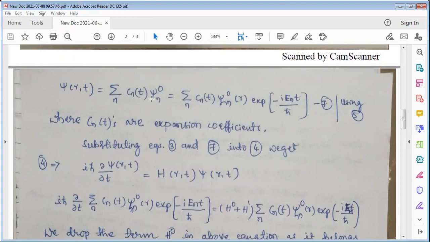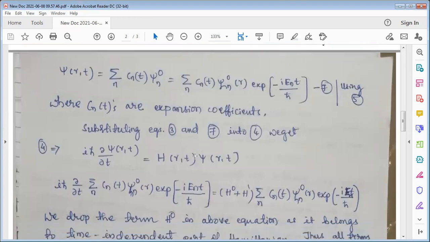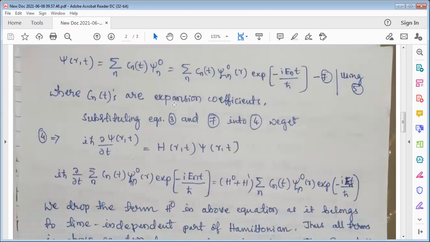I am substituting psi n of 0 from equation 5. So this equation becomes psi equal to the summation over n of C n of t times phi n of 0 times exponential of minus i E n t upon h cross, just as substituted from equation 5. And these C n of t are called the expansion coefficients.